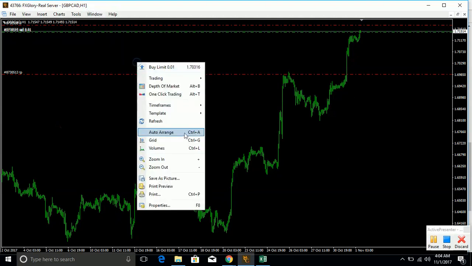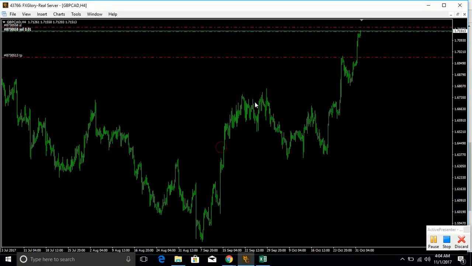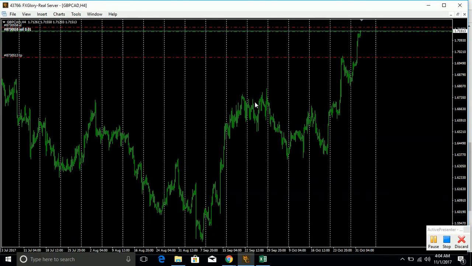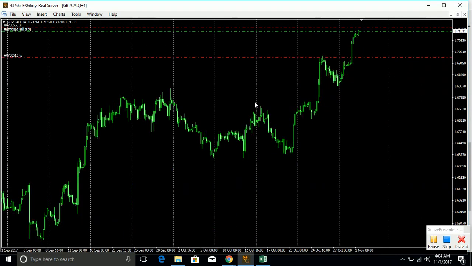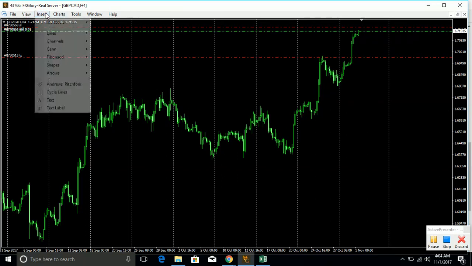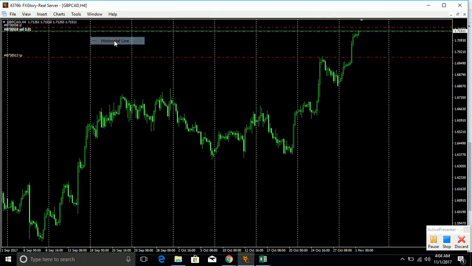Okay, we'll start here on the 4-hour chart. Now just looking at it, we're going to identify levels of support and resistance. First thing we want to do, identify levels of support and resistance.